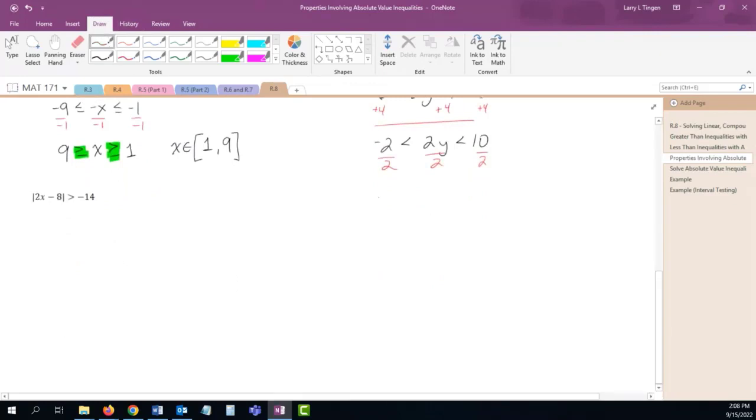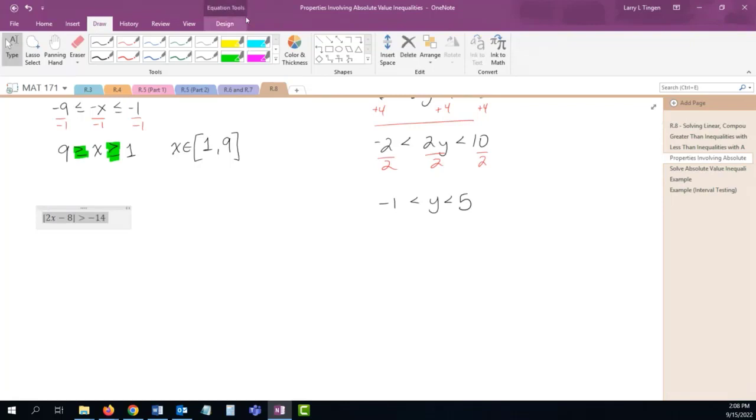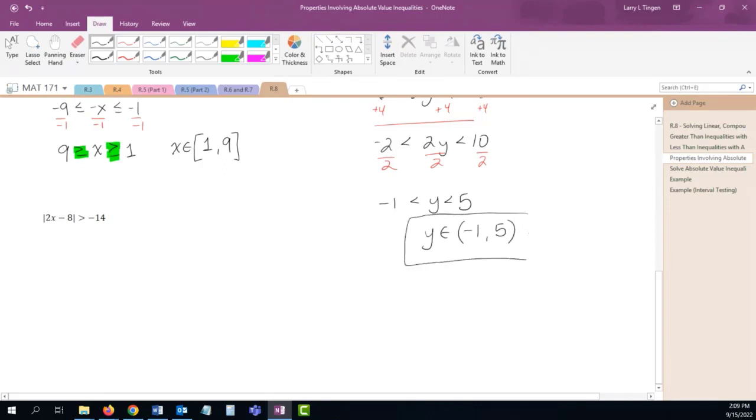And we find -1 less than y less than 5. Okay, and then we'll just get this last one in and then we'll call it. We're stuck between, so my solution set looks like what? y is contained, smallest number, largest number, and then are they included? No, -1's not included, the 5's not included. So this is my solution set.